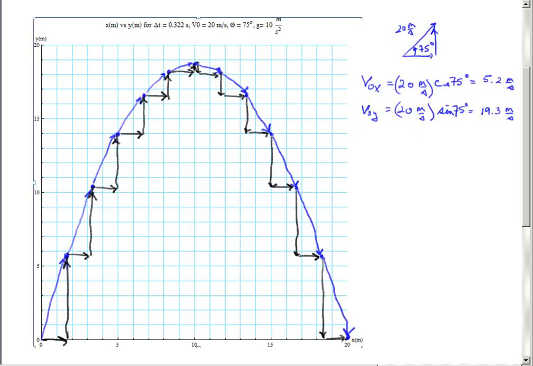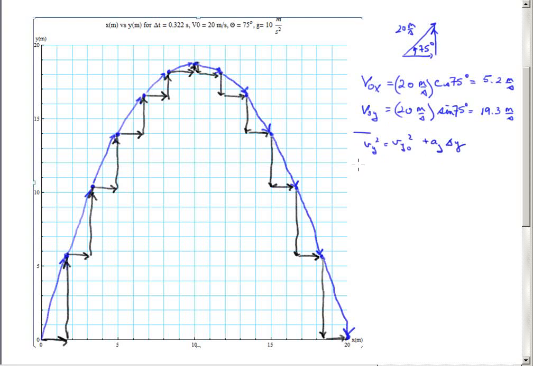The first might be to take the kinematic equation without time, Vy squared is equal to Vy naught squared plus 2 a_y delta y, and solve it for a sub y.